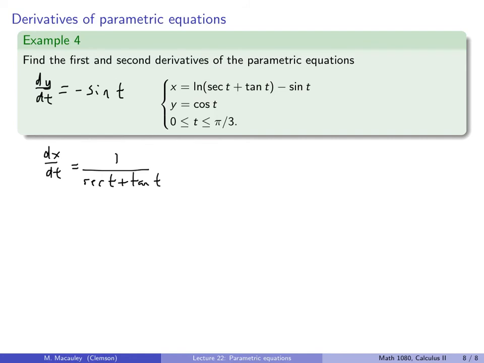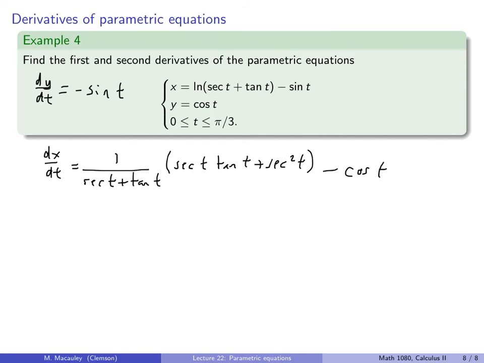The derivative of secant is secant t times tangent t, and the derivative of tangent is secant squared, and finally the derivative of sine is cosine, so minus cosine.